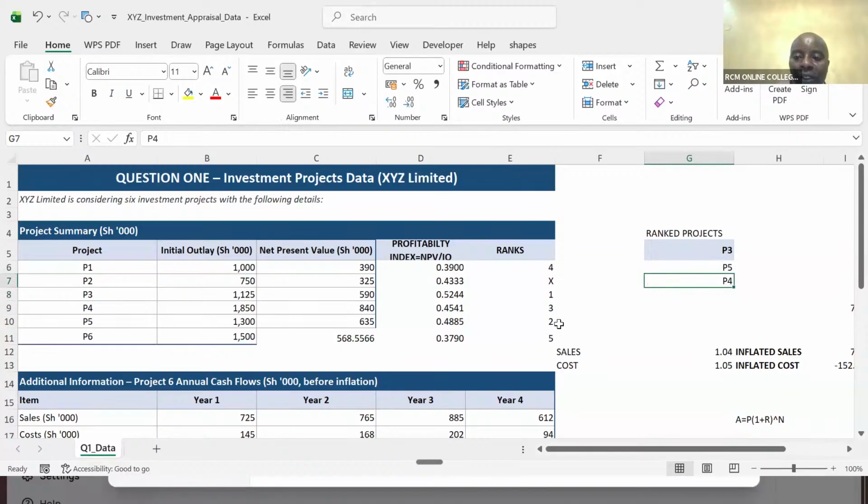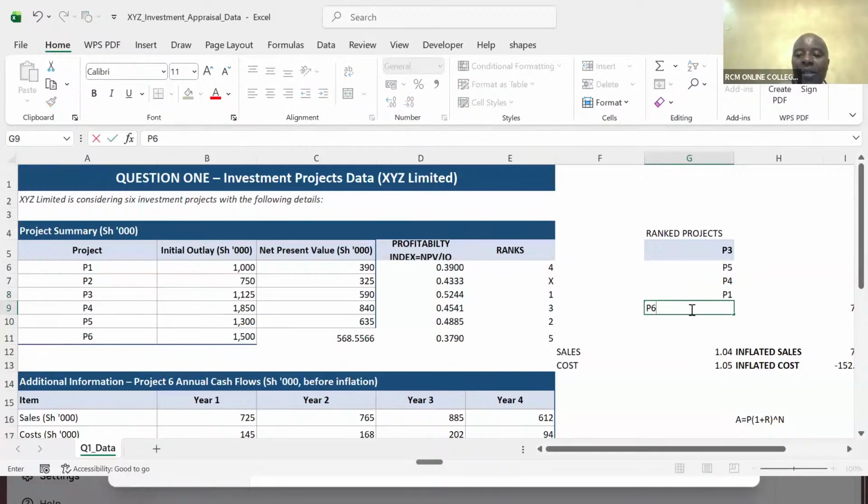From there, we have the 4th project, which is project 1. This is not very well aligned. I'll just come and align it here. And then after that, ladies and gentlemen, we have the very last ranked project, which now is project number 6 here.